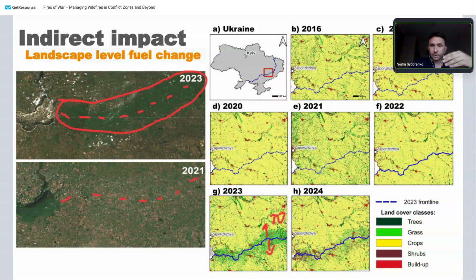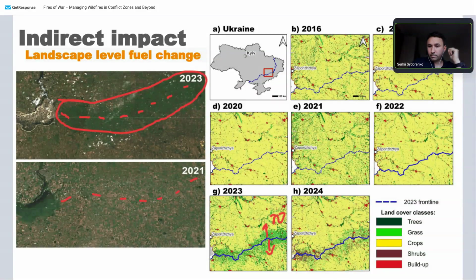Then these grasslands also started to be colonized by shrublands in 2024, and in 2025 we will continue this analysis, but we expect a bigger share of shrubs on this graph.